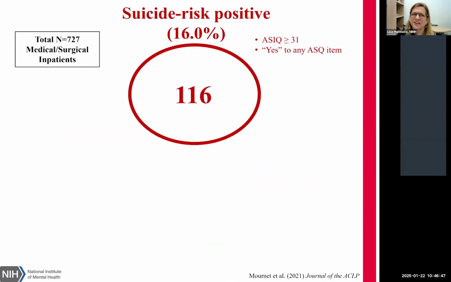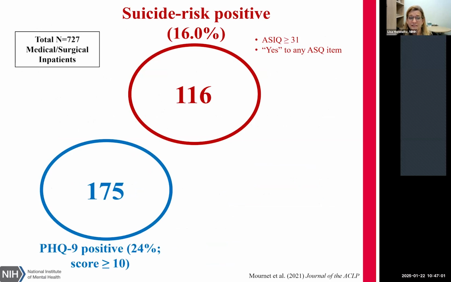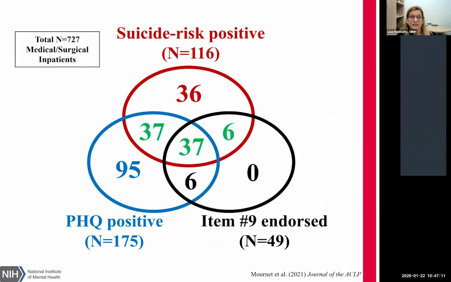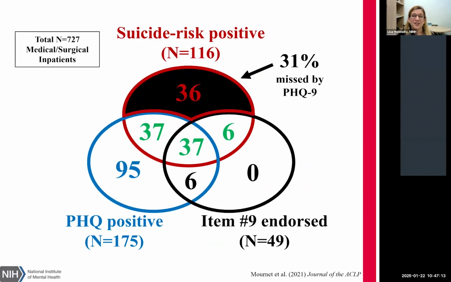But we embedded this in our adult medical patient study. And so I'm just going to show you, we had about 727 medical surgical inpatients and 116 screened positive for suicide risk. And then 175 screened positive on the PHQ-9. And then 49 of them endorsed that 9th item. And what we found is, had you only screened for depression with the PHQ-9, you would have missed 1/3 of the people at risk for suicide.